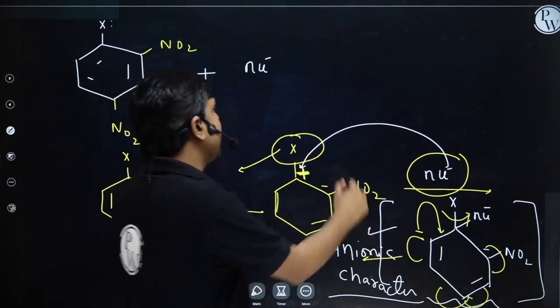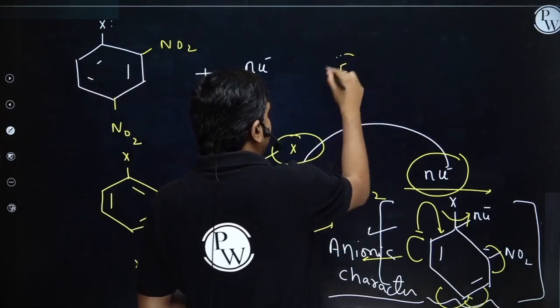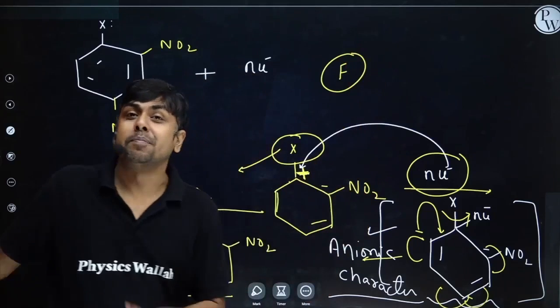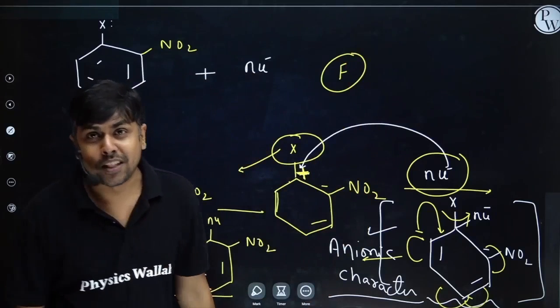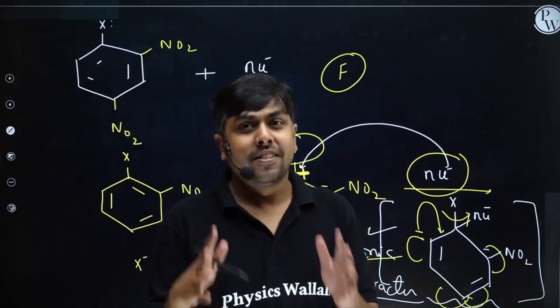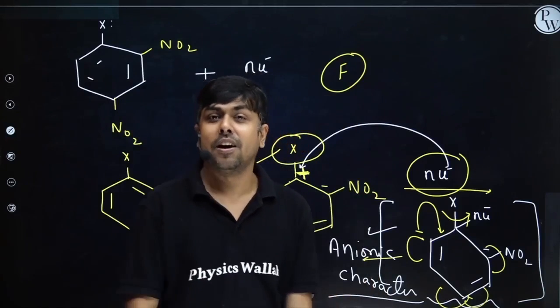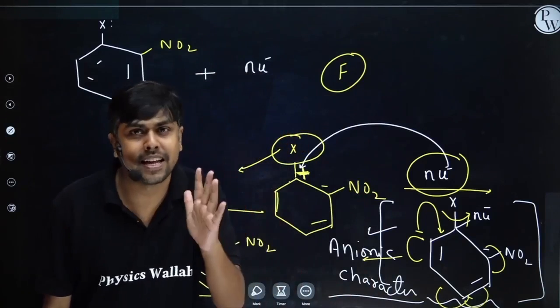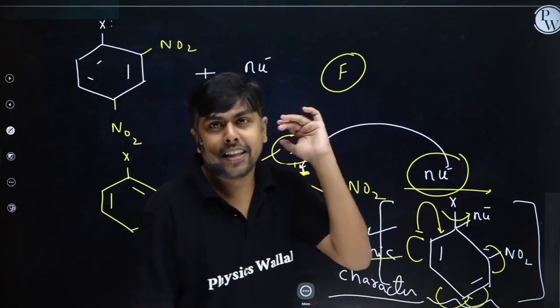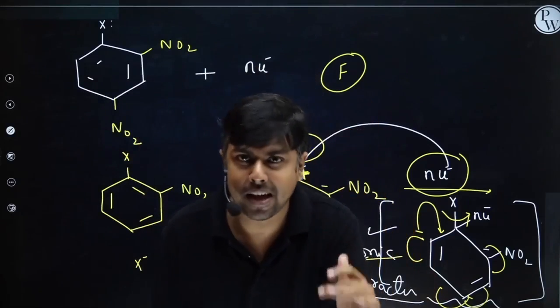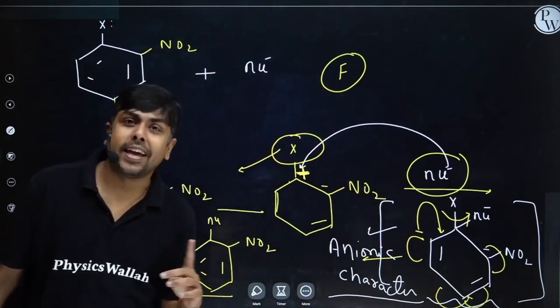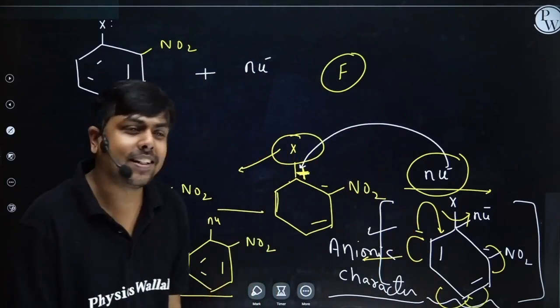So can I say this F will make this particular carbon more electron deficient. So in case of aryl halides, the rate of nucleophilic substitution occurs like this: ArF, then ArCl, then ArBr, and least in case of ArI. Am I clear? Okay.